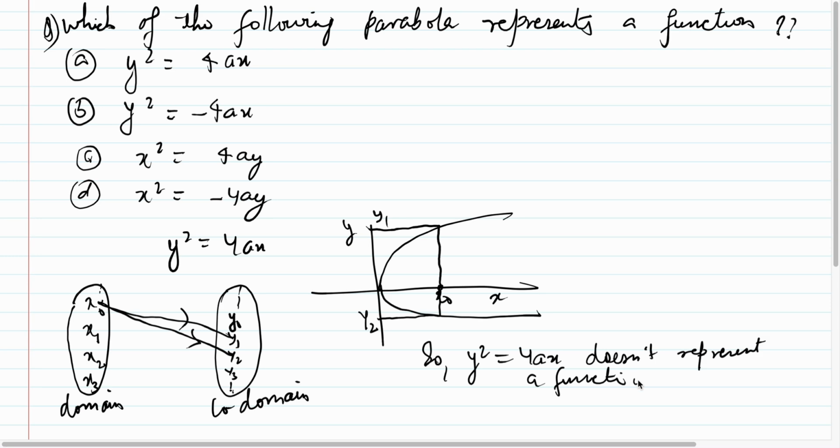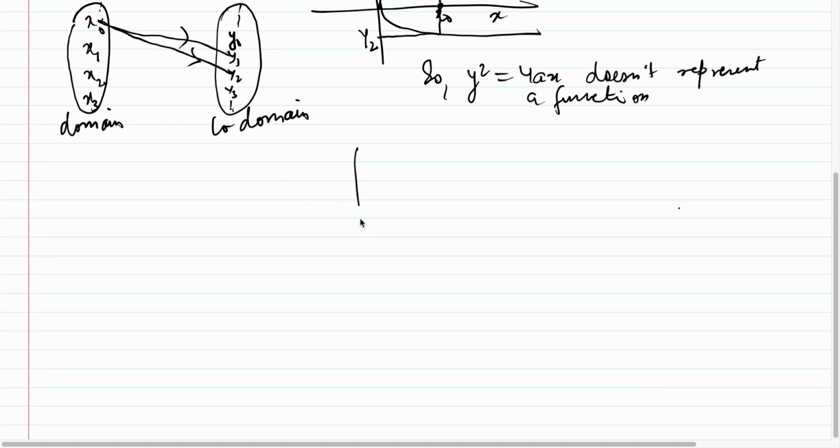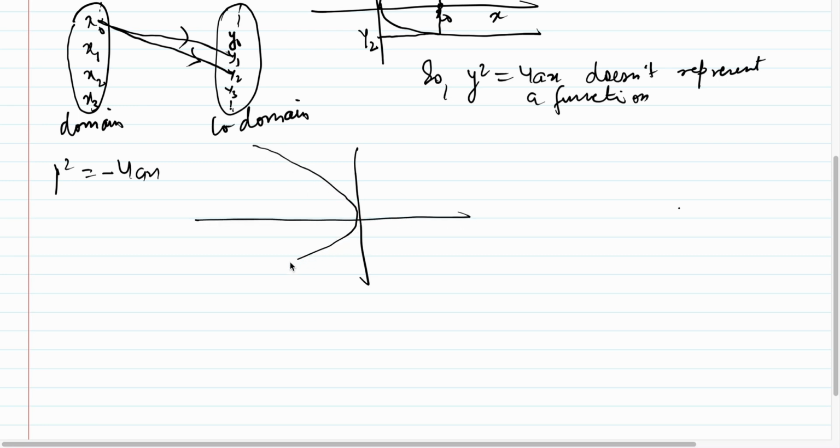Similarly, for y square equals to minus 4ax, the curve will just be inverted with respect to the y-axis. This is the curve, this is your y, this is your x. Again, for each x, there are two values of y, this one and this one. Let us say this is x0, this is y1 and this is y2.